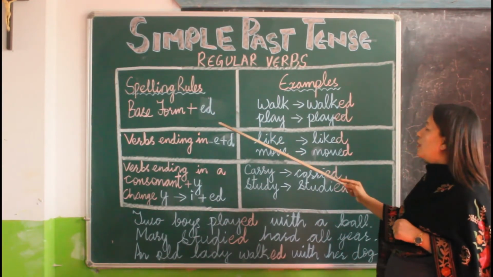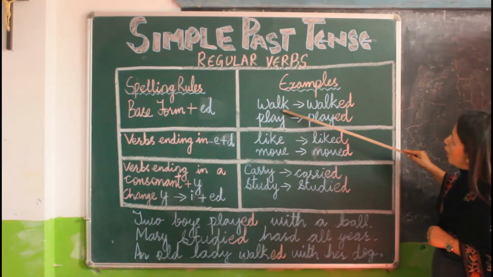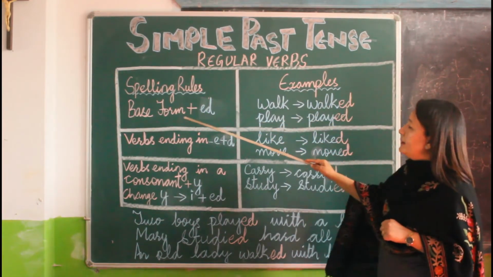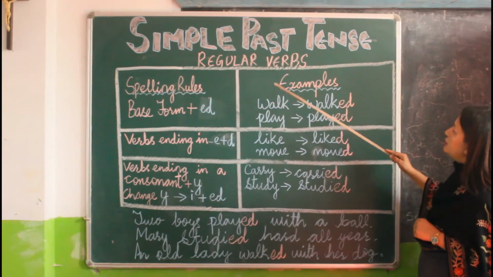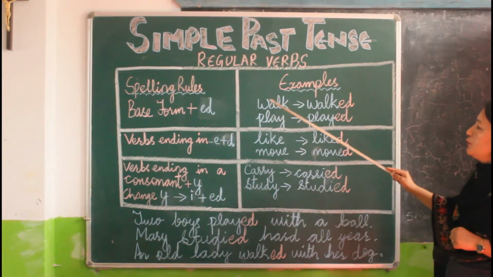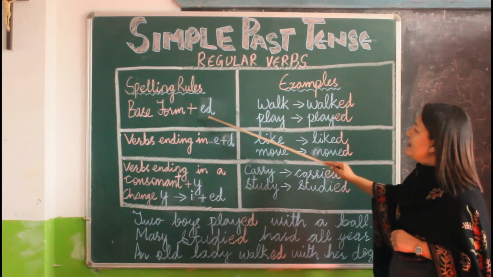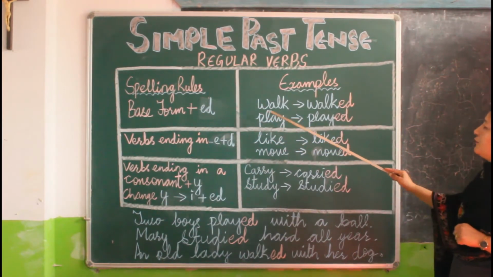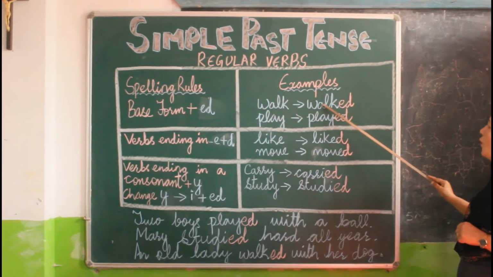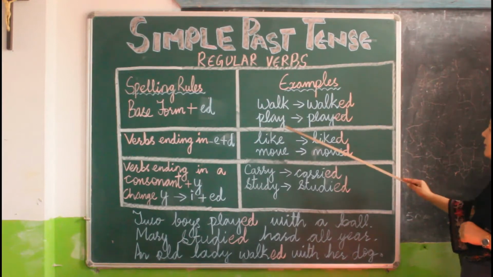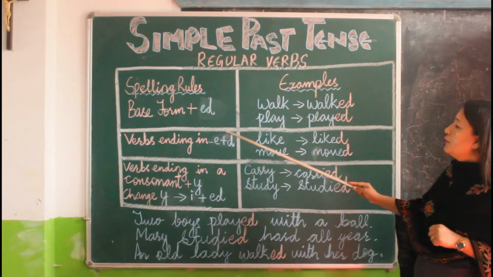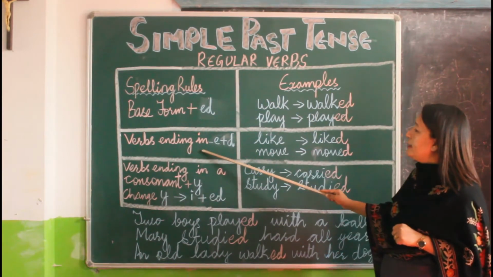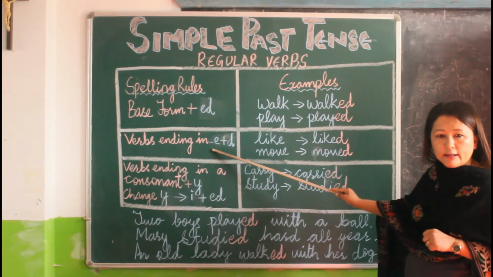Base form of verb, for example, walk and play, is the base form of verb. To change this verb into simple past tense, we need to add ed. So, base form plus ed. Walk, walked, play, played.